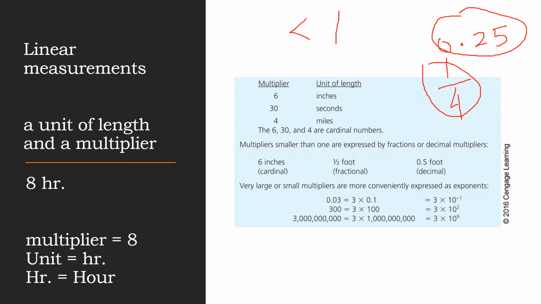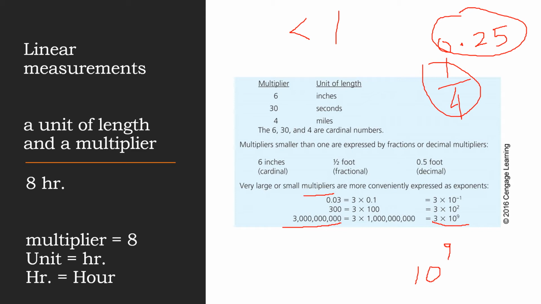Now we're going to continue to study multipliers. Some multipliers are very, very large. Look at the 3,000, 1,000, very large multipliers. They're more conveniently expressed by using exponents. You have a base, 10 most of the time. We have many different bases, by the way, but at this stage you're going to be using 10.